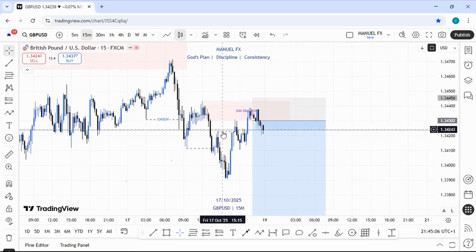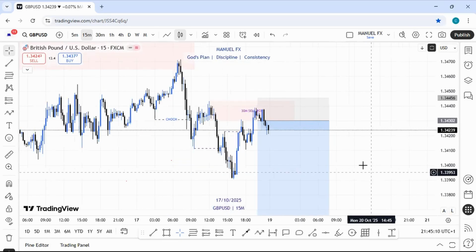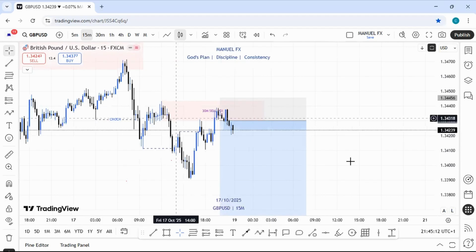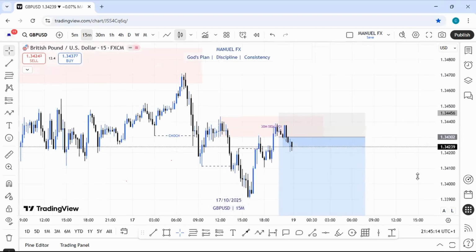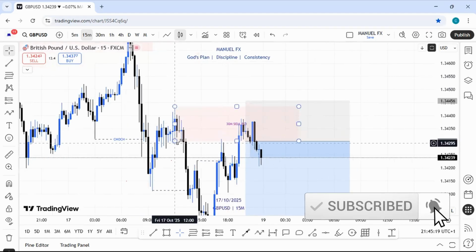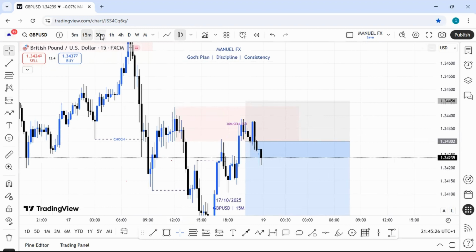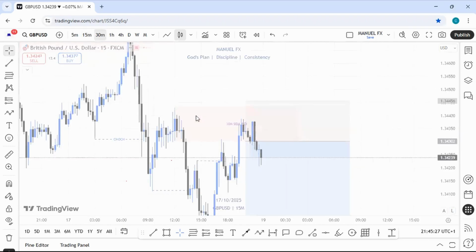And then confirming the POI that was created, like I told you, I want to see a pattern, but there's no valid pattern here. So what I had to do was go down to the 30 minutes, and in the 30 minutes I saw a pattern that I wanted the market to give me.